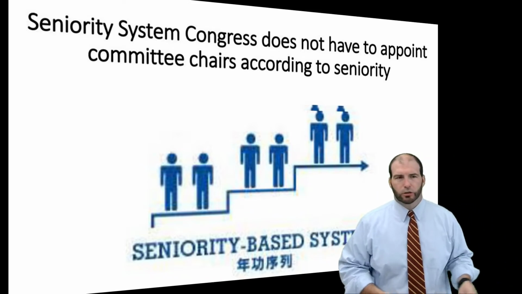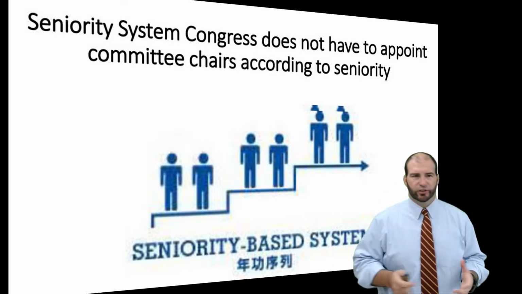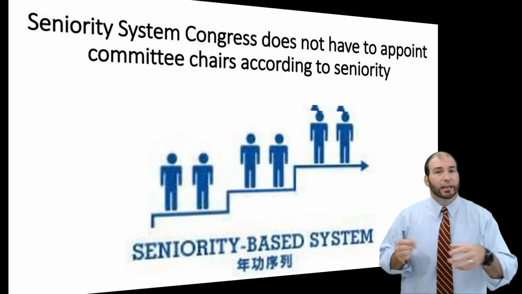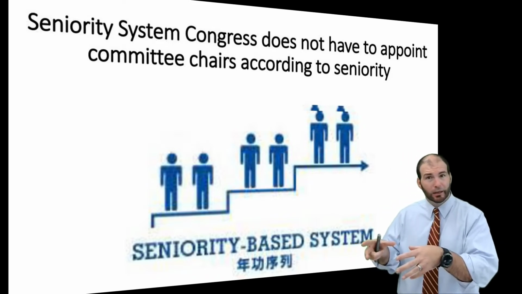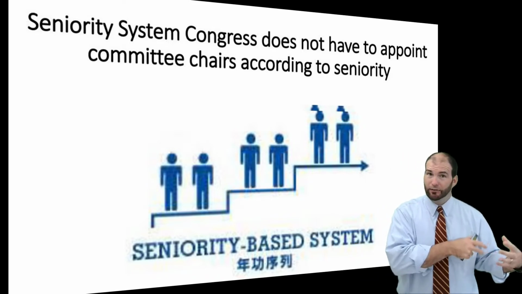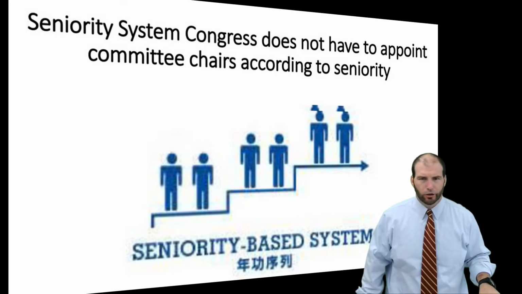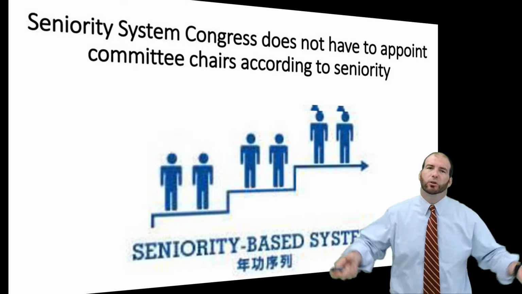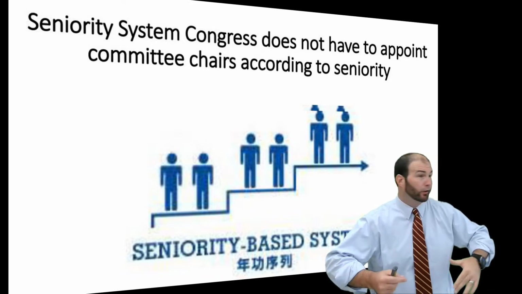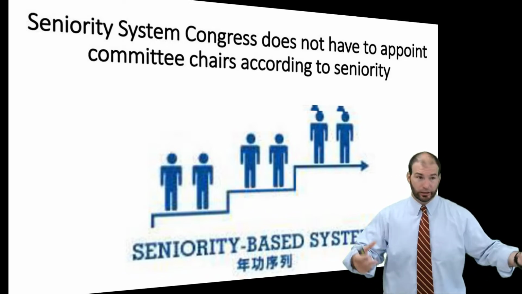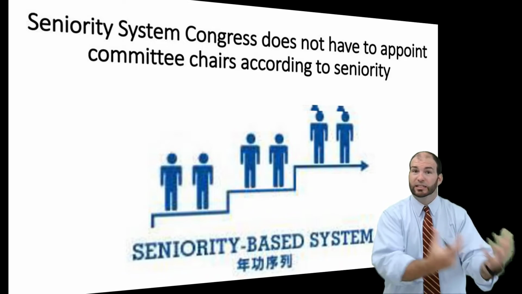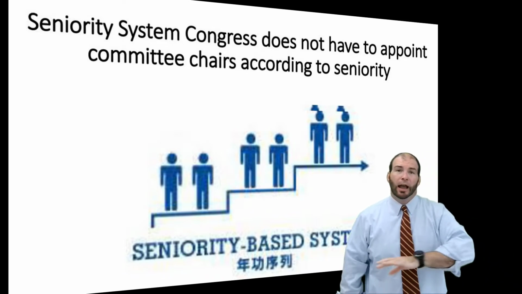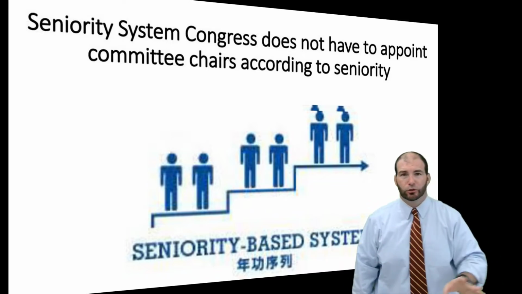Well, generally speaking, it's a seniority system, meaning whoever's been there longest typically gets picked to lead these committees and given more power. It's not required. There's nowhere in the Constitution that says you have to do that, but that's generally how it works out. If you've been elected 20 times in a row, clearly your constituents, the people you represent, like you, and you've been in Congress longer, so you know how things work.